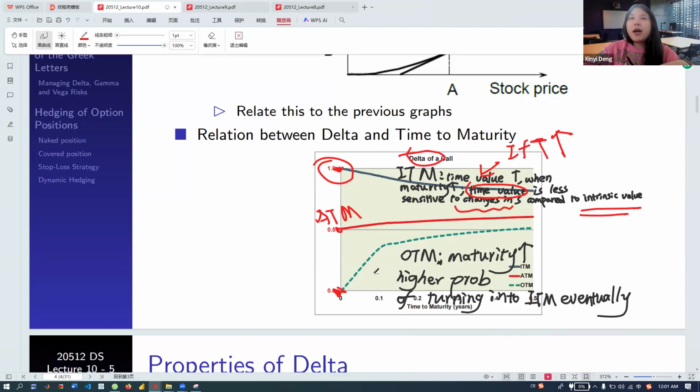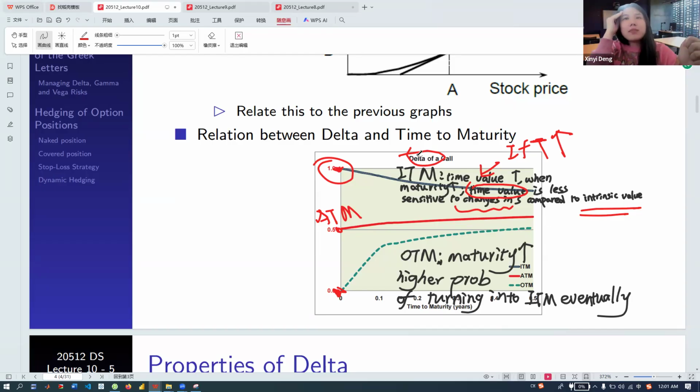Then for out of the money options, it's this upward sloping dotted line. For the positive slope, let me expand the intuition here.